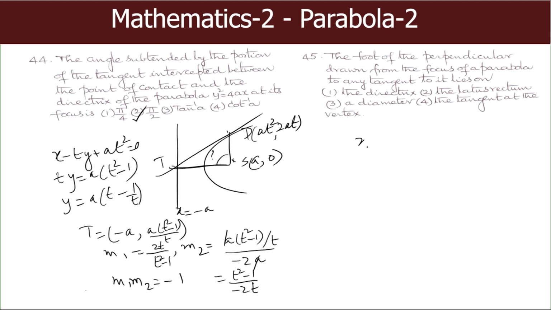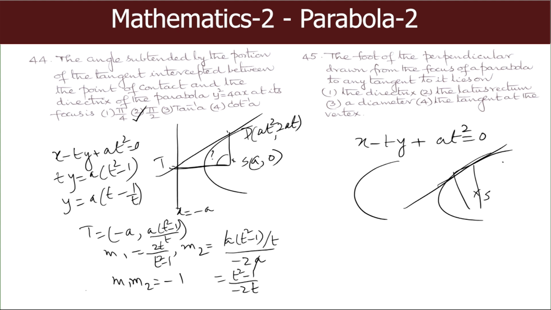Any tangent is x minus ty plus at square equal to 0. This is any tangent. The focus S is a, 0, and M is the foot of the perpendicular.